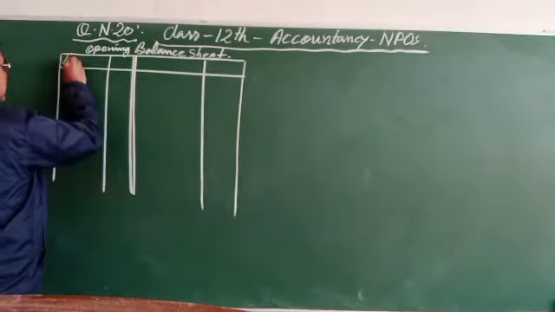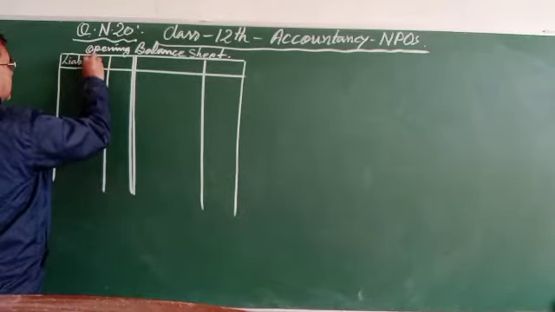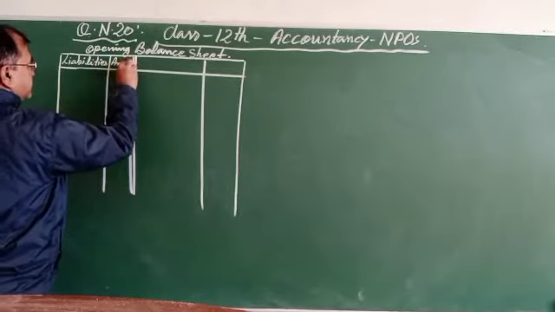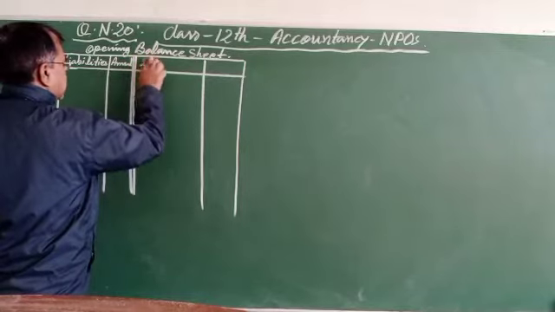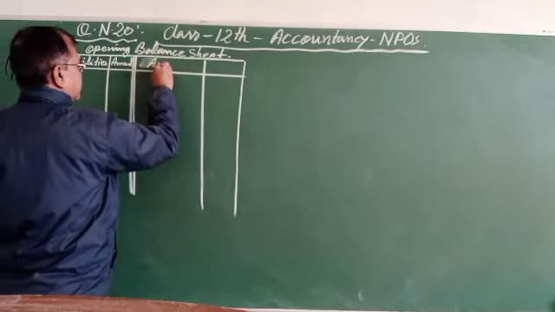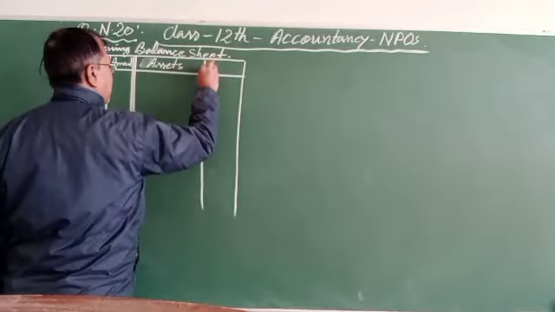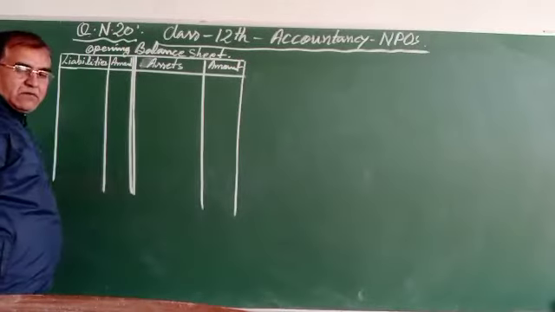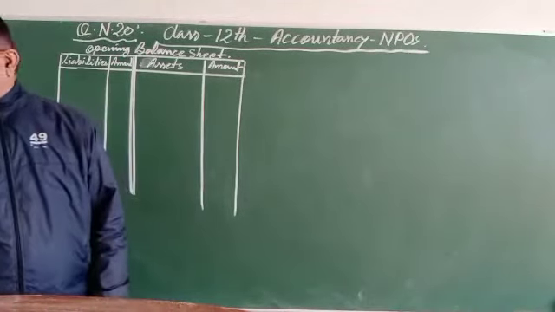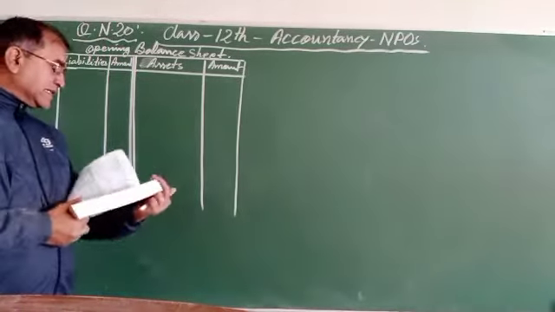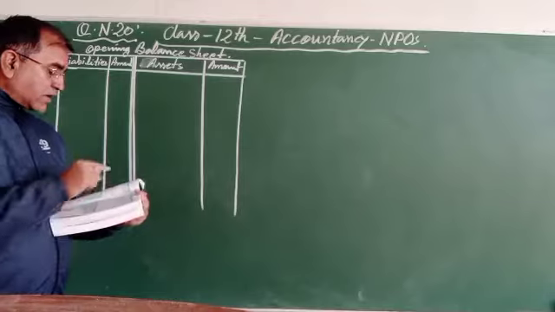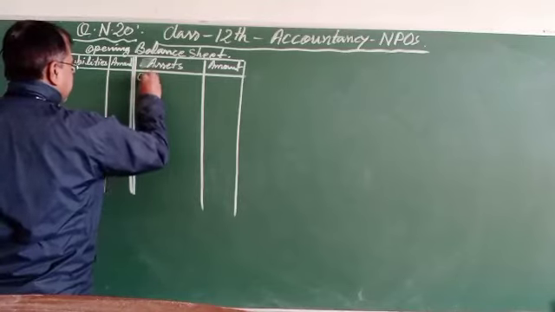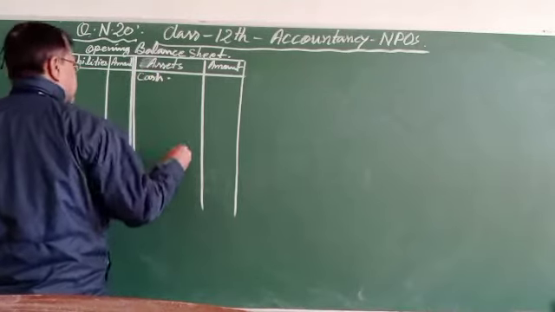Here: liability, amount, assets, amount. Whatever the information given for the opening balance sheet, just like the receipt and payment account, the cash available at the opening of the year, that is given in the receipt and payment account, is 6,000.